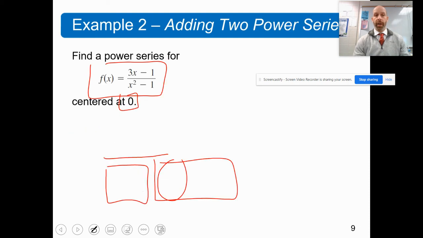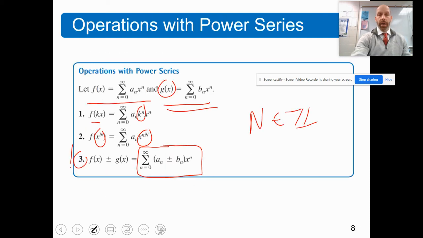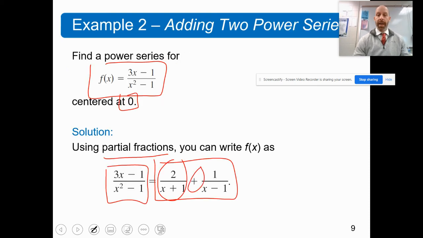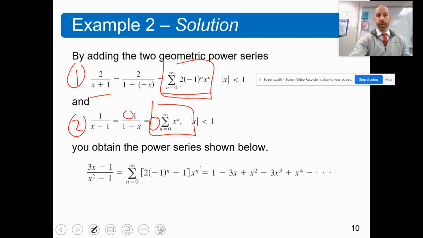Now, here's the beautiful thing. We can go back and use this third rule. Basically, I'm going to take this power series and this power series, and add them together. So you'll look at this 2 times the quantity negative 1 to the n, x to the n, and this x to the n. Don't forget the minus.